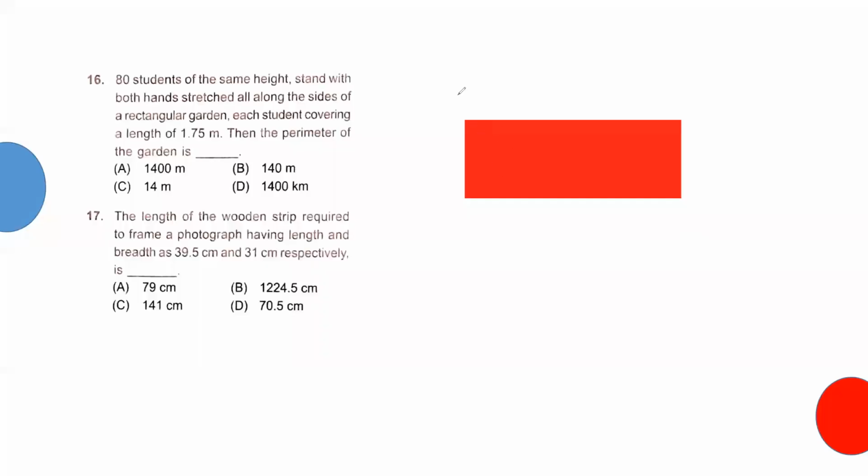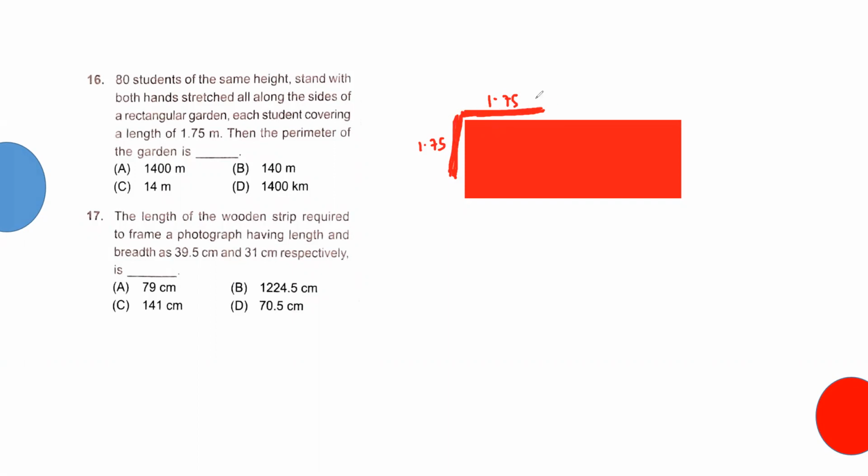See, one thing I tell you: you might think 1.75 for this hand and 1.75 for this hand, but the total for one student is given as 1.75. It's not that both hands are different. It is 1.75 for both hands as they stretch like this. Don't go into the detail of how they are stretching.